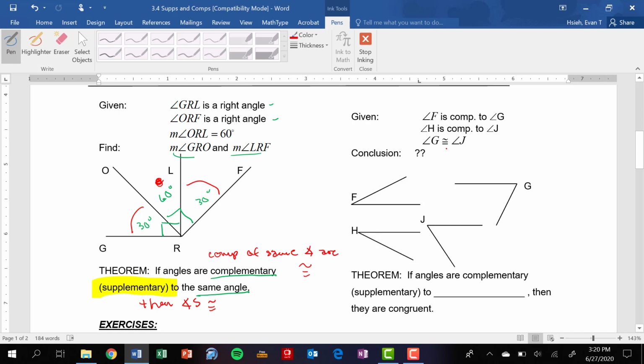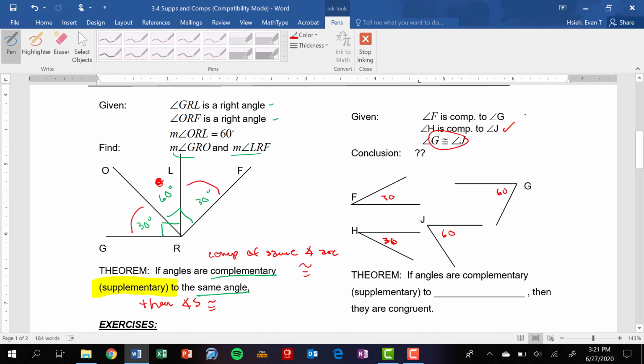Related to this, F is complementary to G. So let's say this was 30 and this is 60. And H is complementary to J, where G and J are congruent to each other. So these are both 60, and so this must be 30 also, since they're complementary.